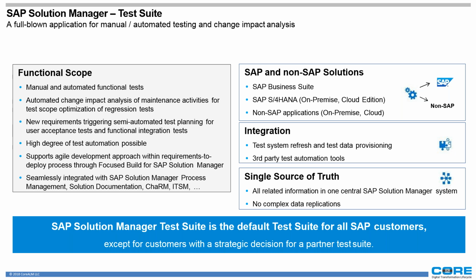Integration is also available, and that's one of the things SAP is doing: opening up Solution Manager a lot more, creating a lot more APIs to allow you to integrate with third-party tools that you might already have. So if you have invested heavily in a specific automation tool, we will be able to help you integrate that with Solution Manager, so you can pass information back and forth without having to redo and reconfigure a lot of it.